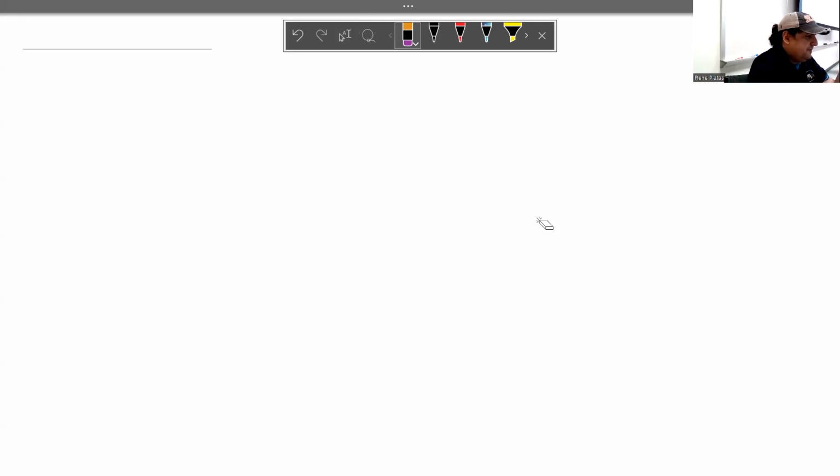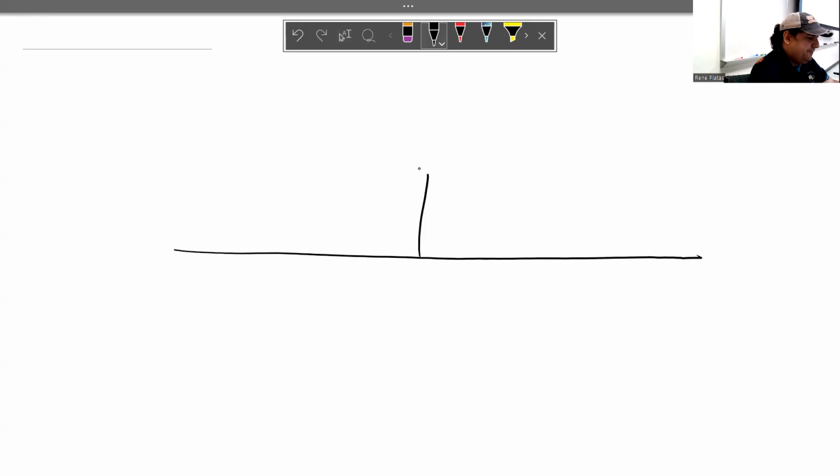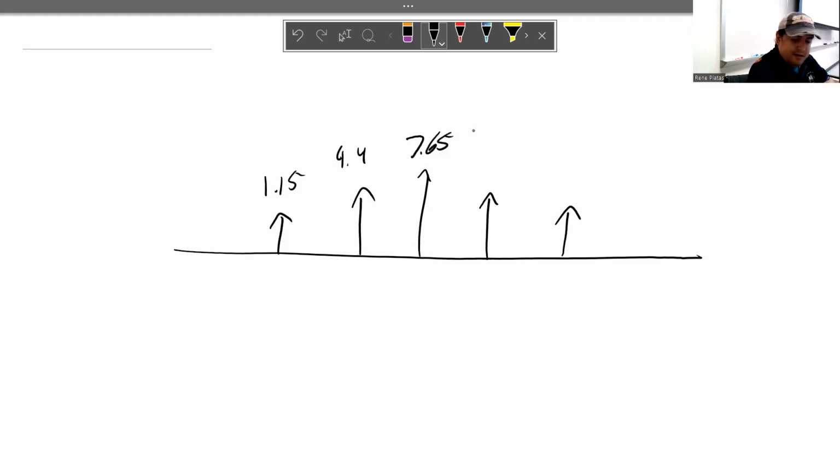You have heights, something like this. You have these things, hopefully you got these values from your Bessel table: 1.15, 4.4, 7.65, 4.4, and 1.15.